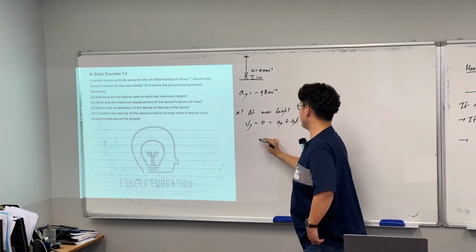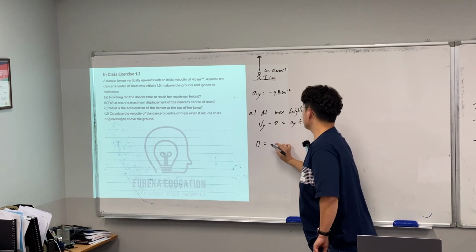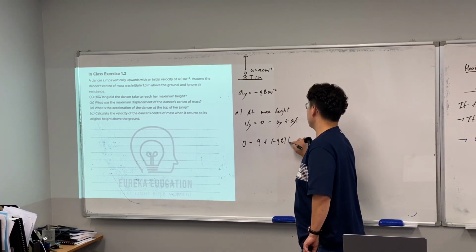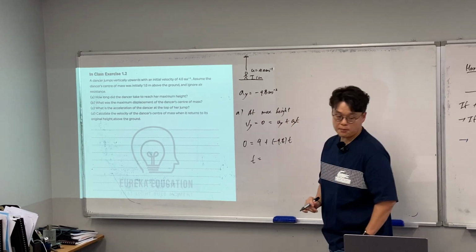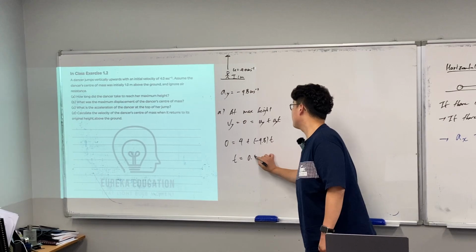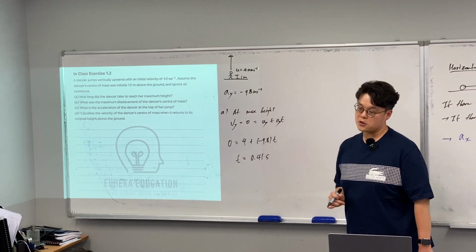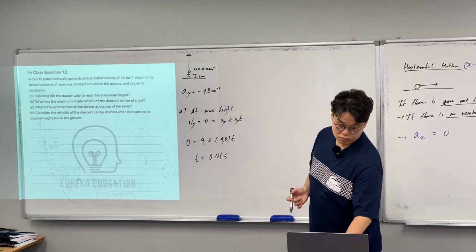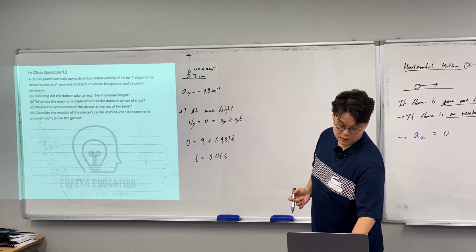Simply substitute the values. So 0 equals 4 plus minus 9.8 times t. That's giving you the time taken for the whole motion itself. So you will get 0.41 seconds for the first one. Kind of a warming up question, as I said, it's not so difficult.